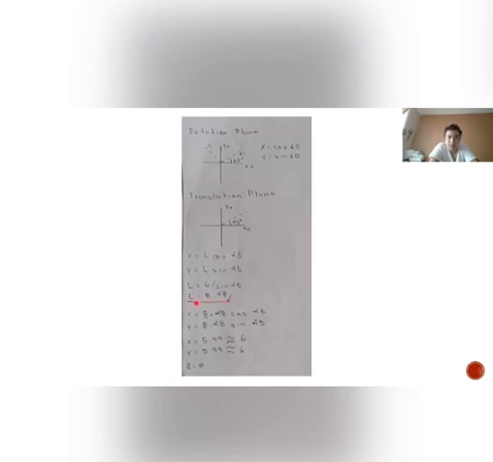Now we put the value of L in these equations like this: x is equal to 8.48 cos of 45, and y equal to 8.48 sin of 45. Now we obtain the values for x and y in our calculator: x is equal to 5.99, and y is equal to x, and we can say that this is equal to 6.